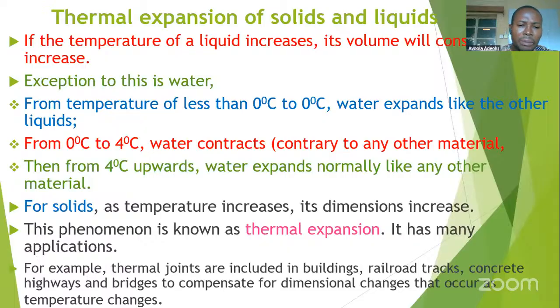For instance, thermal joints are included in buildings, railroad tracks, concrete highways, and bridges to compensate for dimensional changes that occur as a result of temperature change.